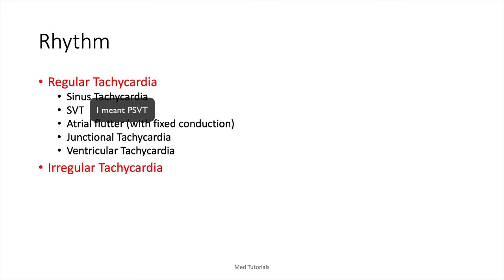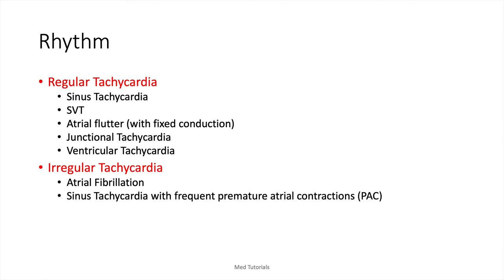What about irregular tachycardias, irregular heart rates? The classical one is atrial fibrillation, where you have an irregular appearance on the ECG. If you have a sinus tachycardia with frequent premature atrial contractions, the ECG can have the appearance of an irregular tachycardia.